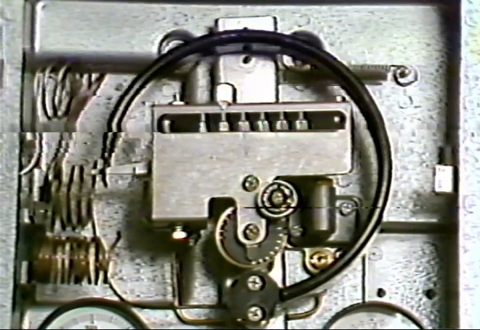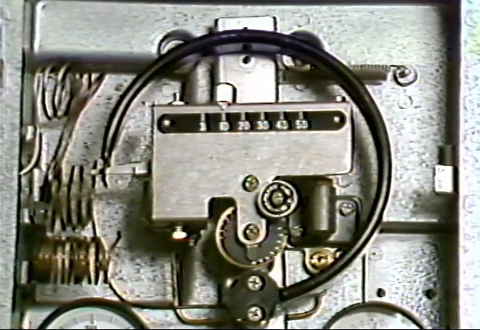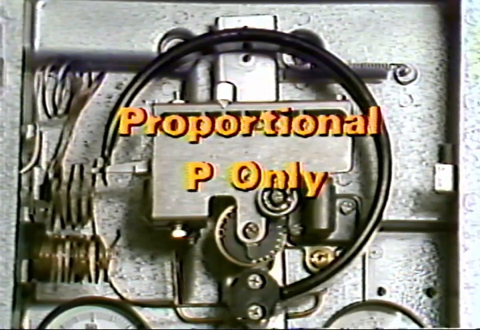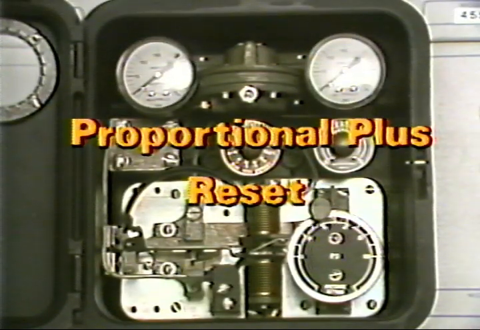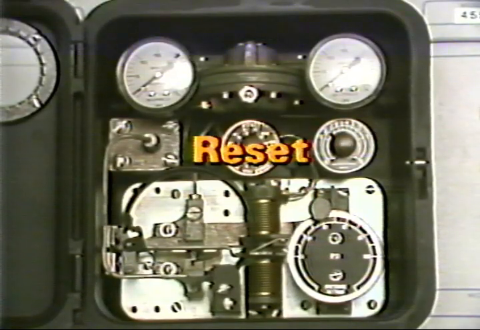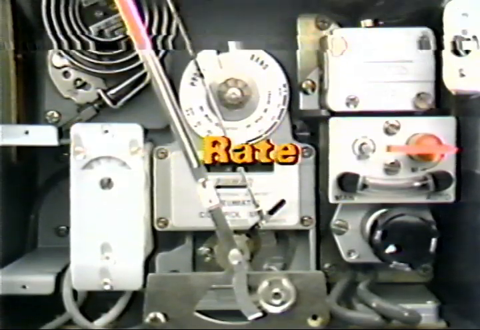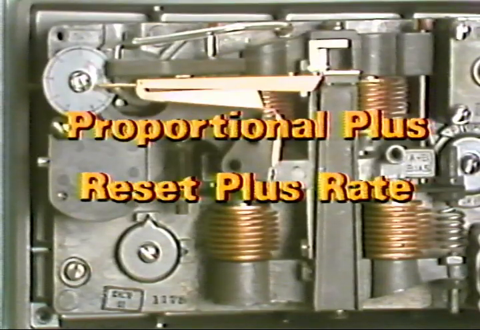In this program, we'll study four types of controllers: proportional or P-only controllers, proportional plus reset, or simply reset controllers, proportional plus rate, or rate controllers, and a combination of all three, proportional plus reset plus rate controllers.